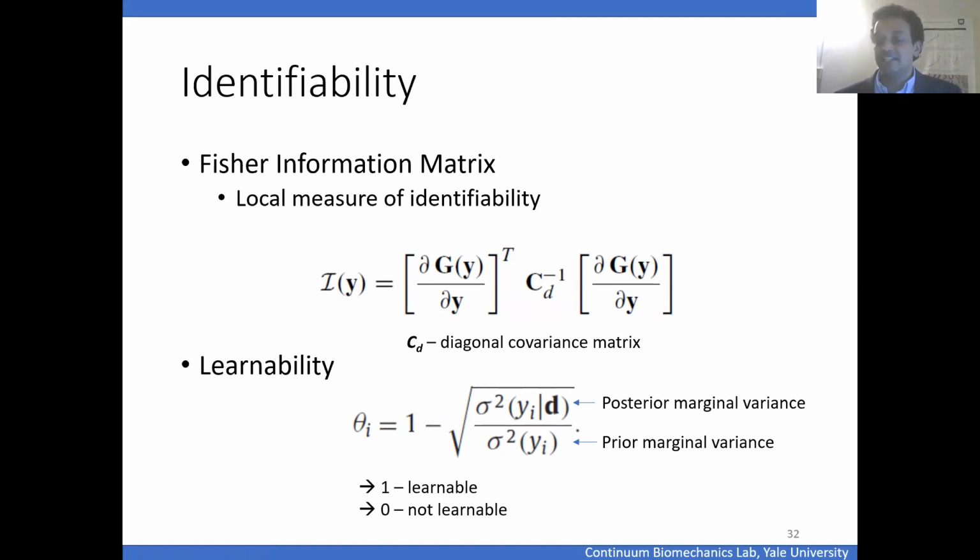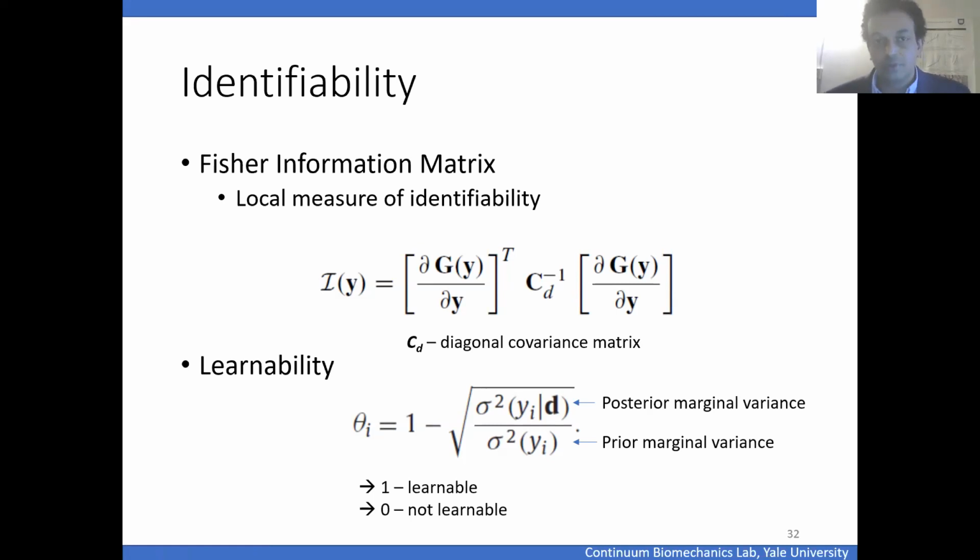So in an intuitive sense, if you've run thousands of simulations and you still see that your distributions are not changing, it means you're not learning anything about the parameter even after running thousands or tens of thousands of simulations. So those parameters, I usually put aside because they're globally not identifiable.